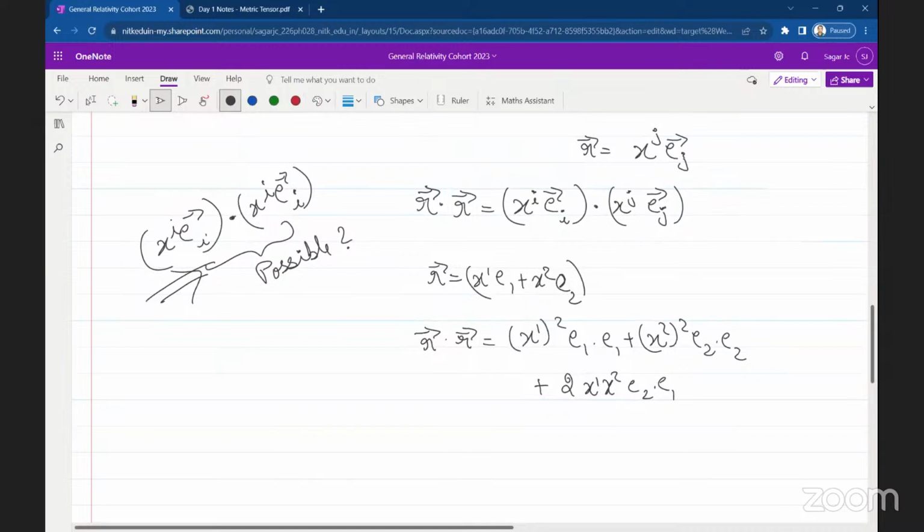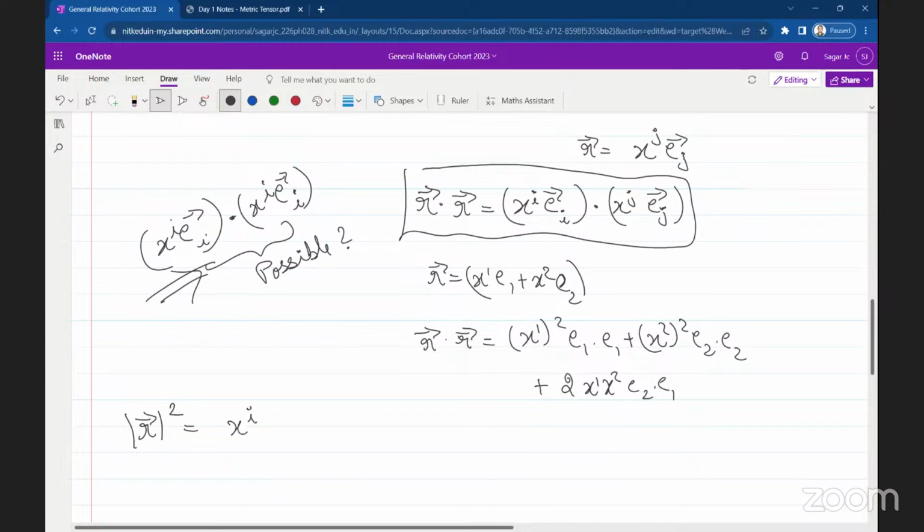So if I expand this expression, what will I get? r vector square is equal to xi xj ei vector dot ej vector, right?